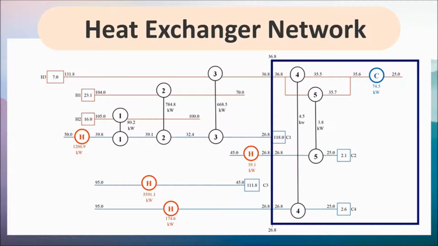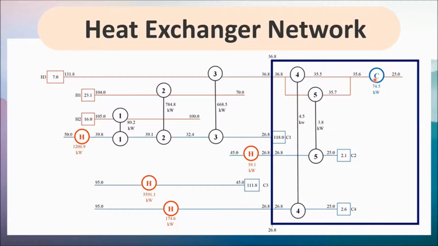If the below pinch region is considered, we can observe that the H3 stream at the hot pinch temperature was split into two streams with equivalent flow, and transfers heat to the C2 and C4 streams.